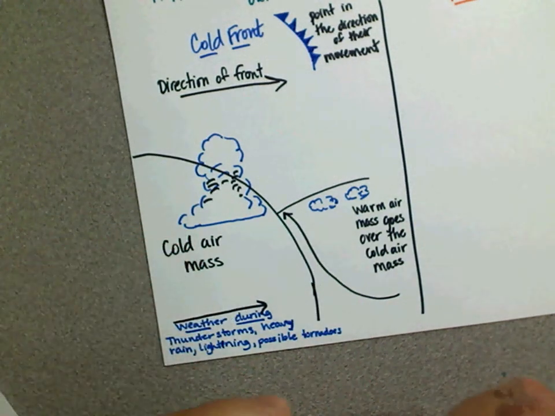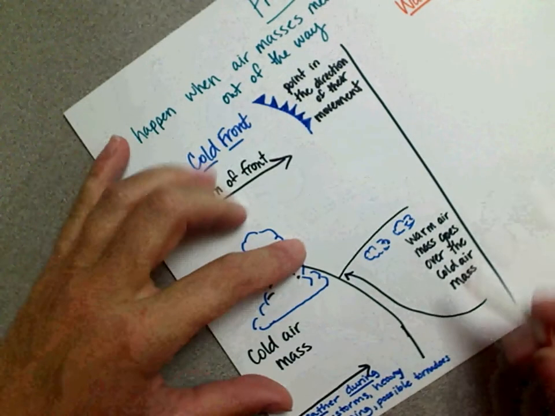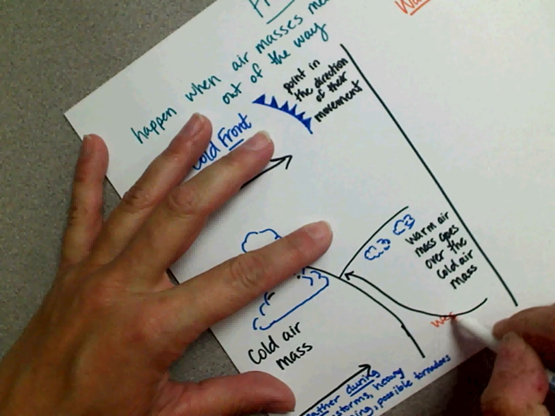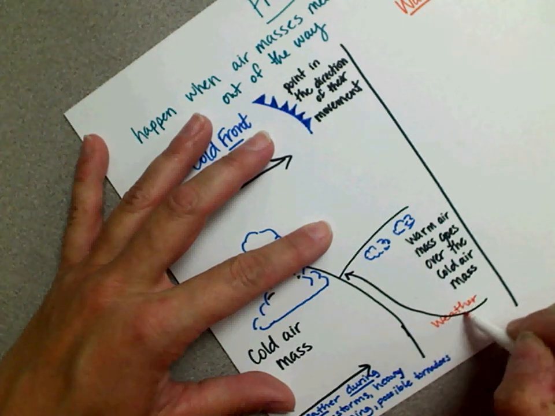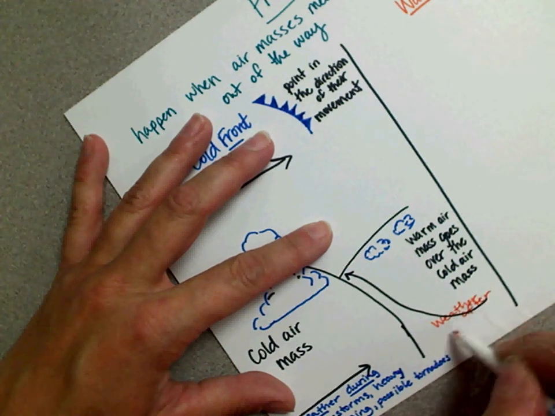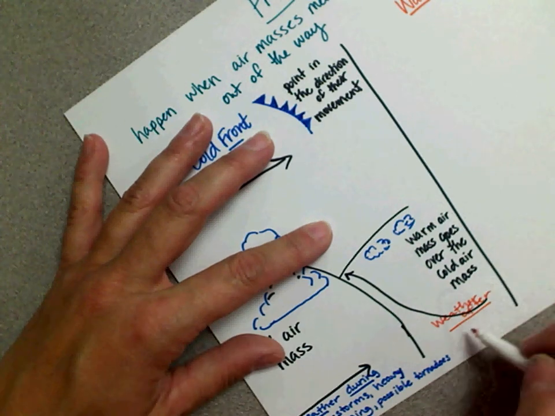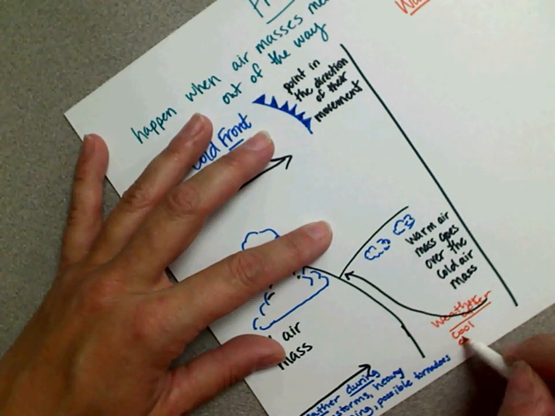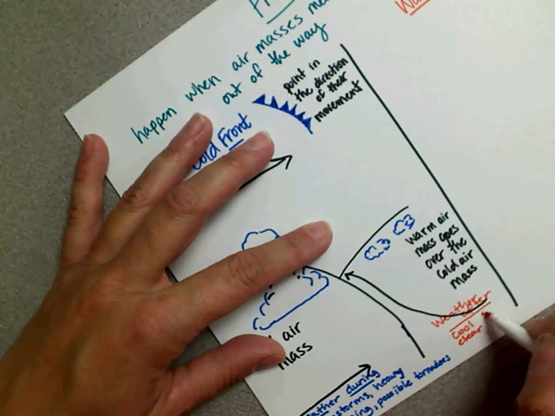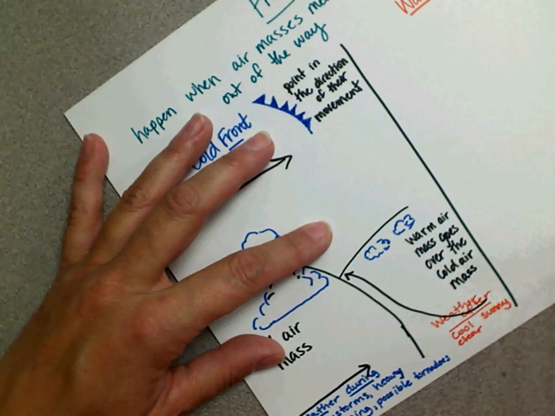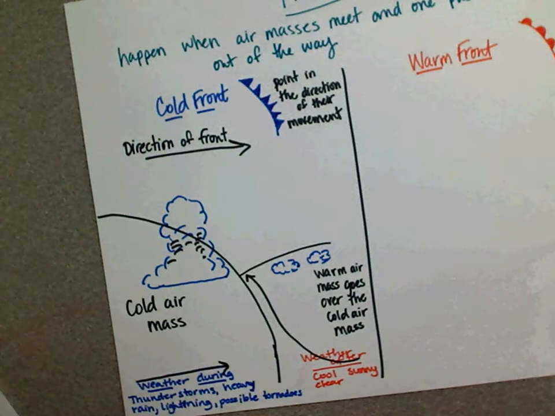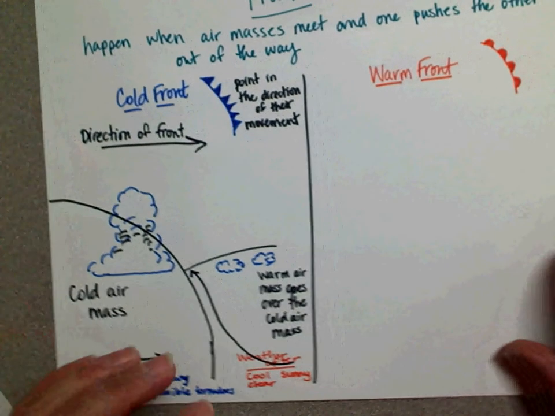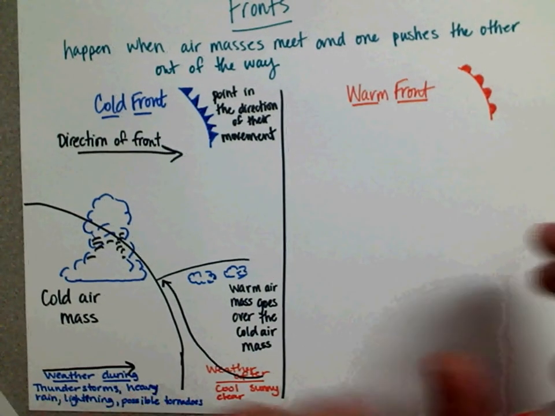But then, the weather after is cool and clear and sunny. So it's actually really nice weather after it's finished, but I like cold weather, so that makes it really nice for me.